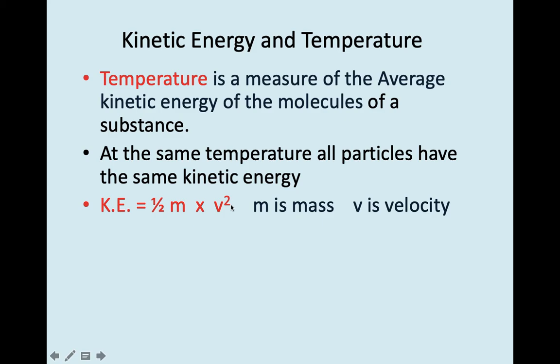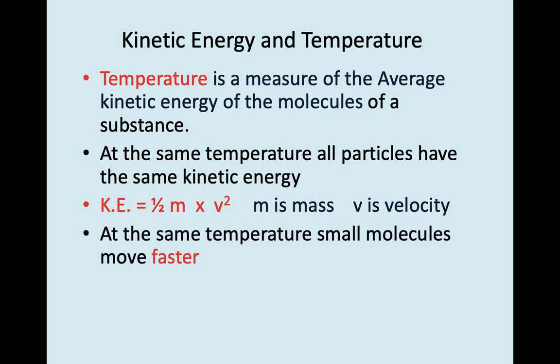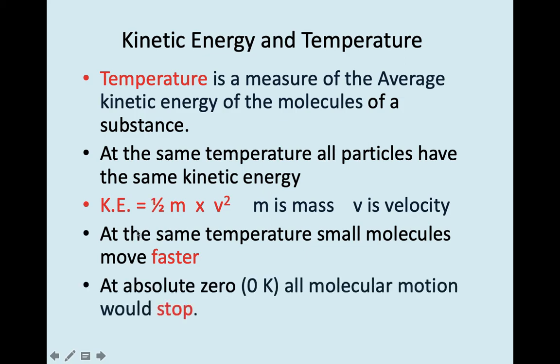So we know that not all molecules have the same mass, but if they have the same kinetic energy, that means some molecules can move faster or slower depending on their mass in order to give them the same kinetic energy. At the same temperature, molecules that have smaller mass are going to have to move faster to have the same amount of kinetic energy.